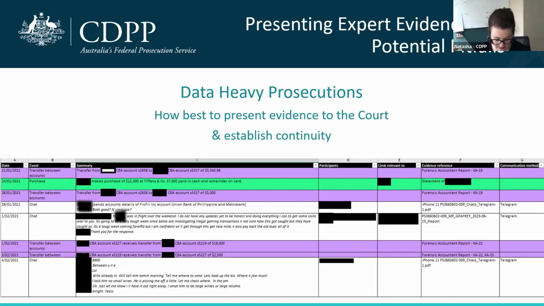Back in 2018, there was a case in which there was a significant disclosure to defence of material that had been obtained under TI warrants. But what happened was they had only done keyword searches, and all the other material was only told to defence while the trial was underway. This ultimately led the judge to discharge the jury and order a new trial once defence had had an opportunity to analyse all evidence.